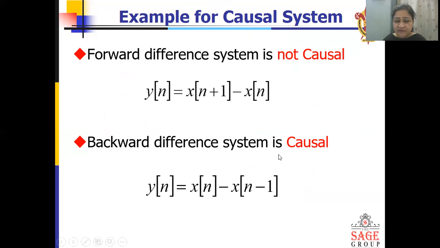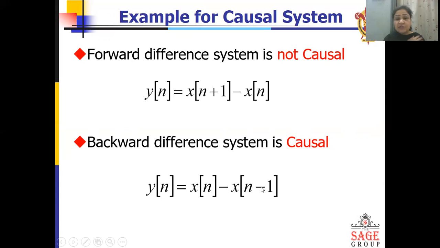Whereas backward difference system is a causal system. Backward difference system is given by this equation, y[n] is equal to x[n] minus x[n-1]. Now say if I take n is equal to 0. Now it will be written as y[0] is equal to x[0] minus x[-1]. That means y at 0 depends on x at 0 and x at minus 1.